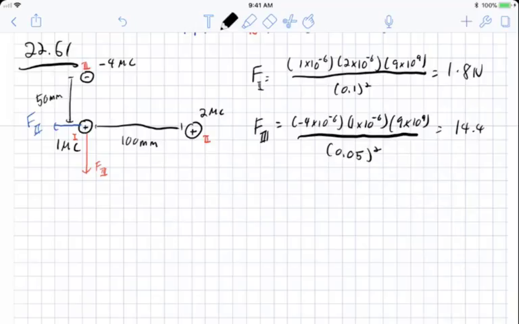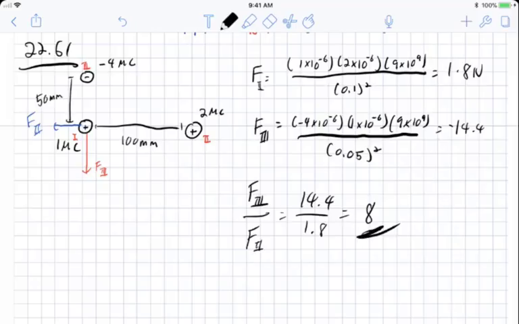Yep. Okay, so the ratio of F3, I guess that's a negative number, but they're asking us for the ratio, not to compare the numbers, so this ratio, 14.4 divided by 1.8, is equal to 8.